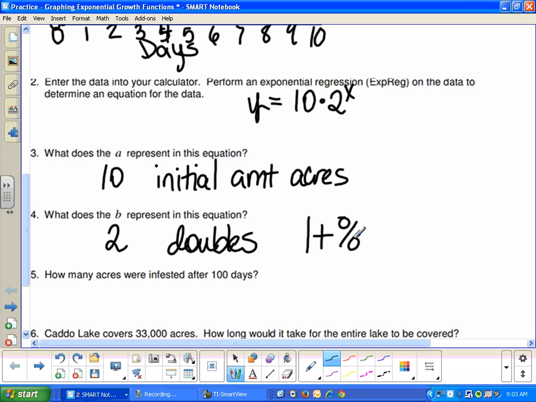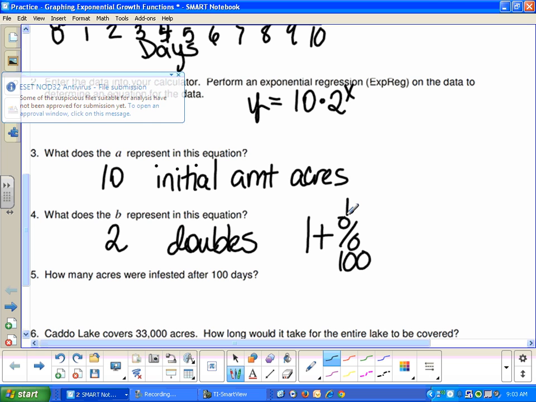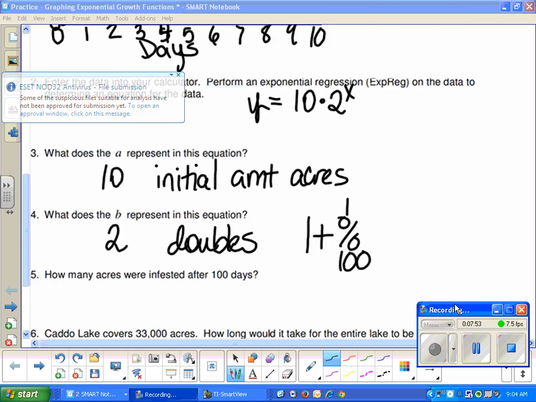It means it's taking what you have plus the other 100%. Well, what's 100% in a decimal? 1. And so if we have 100%, that's 1. That's where the 2 comes from. Okay, the 2 itself is not your rate. 100% is your rate.